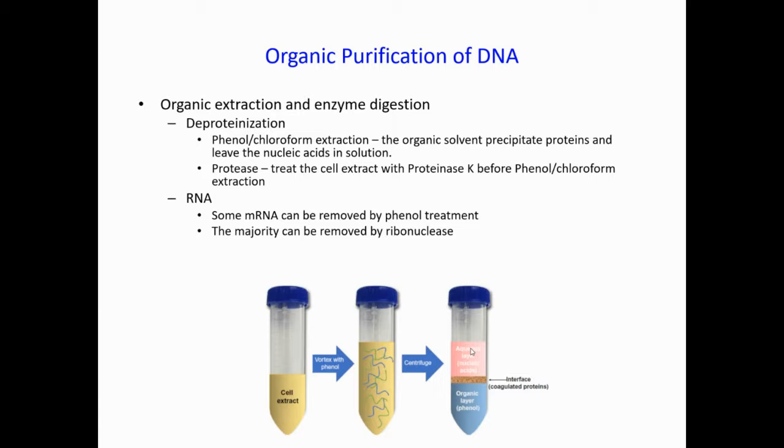Although the phenol can denature the protein rapidly, it does not completely inhibit the ribonuclease activity, like the RNase activity. If you are going to collect the RNA from the sample, normally you will use a mixture of phenol-chloroform-isoamyl alcohol to purify the nucleic acid, because this mixture can inhibit the RNase activity during the purification process.